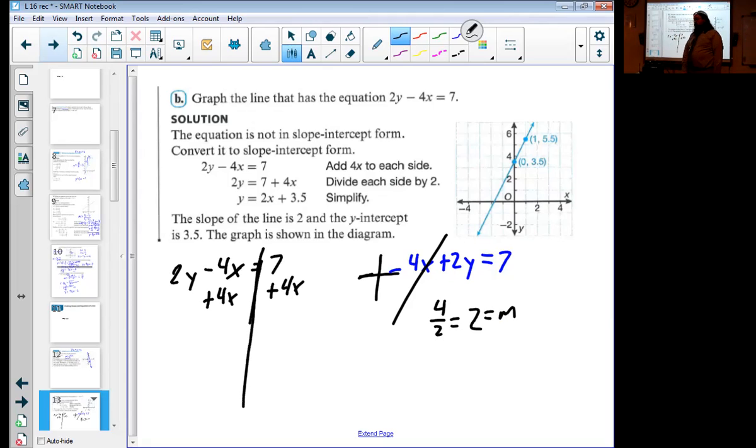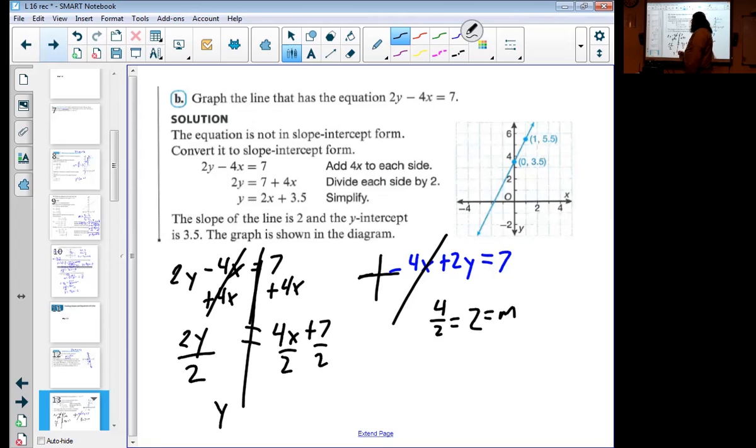Those are the rules for equations. So here we have 2y isn't touched, is equal to 4x plus 7, and we divide by 2, we divide by 2, we divide by 2.